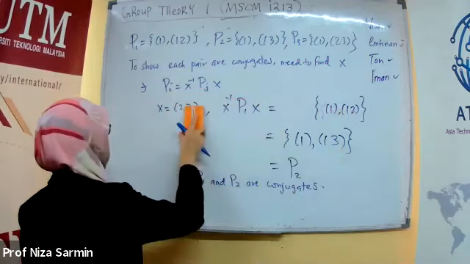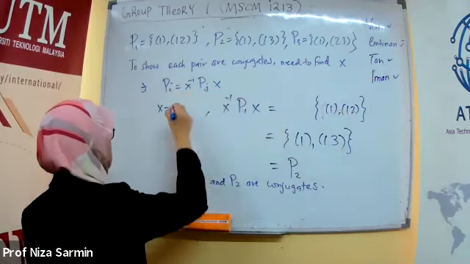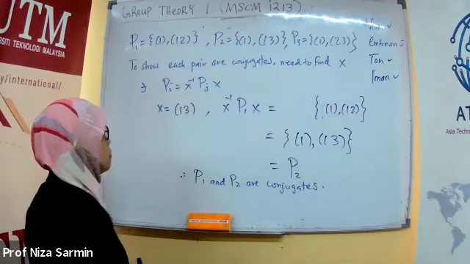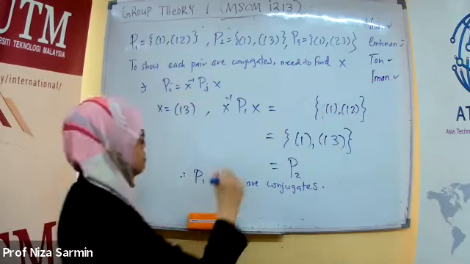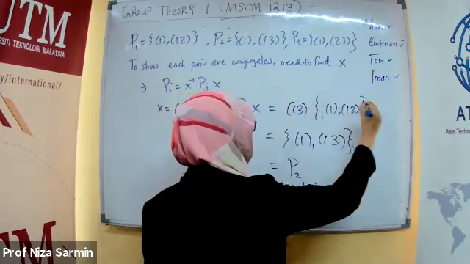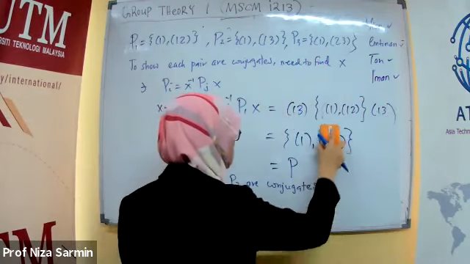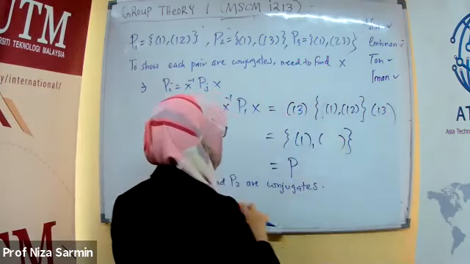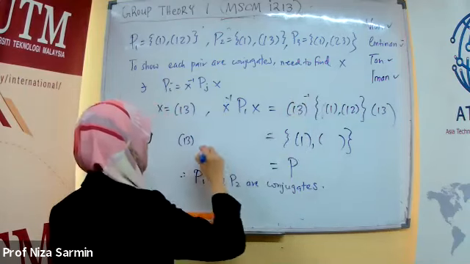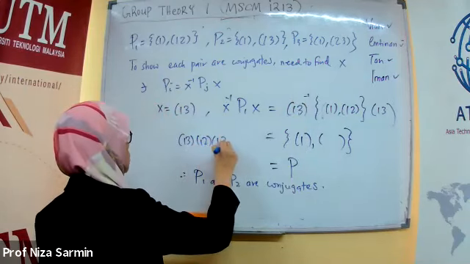Try multiply by 1, 3. 1, 3 times 1, 3 is 1. 1, 3 inverse, which is 1, 3. 1, 2, 1, 3.